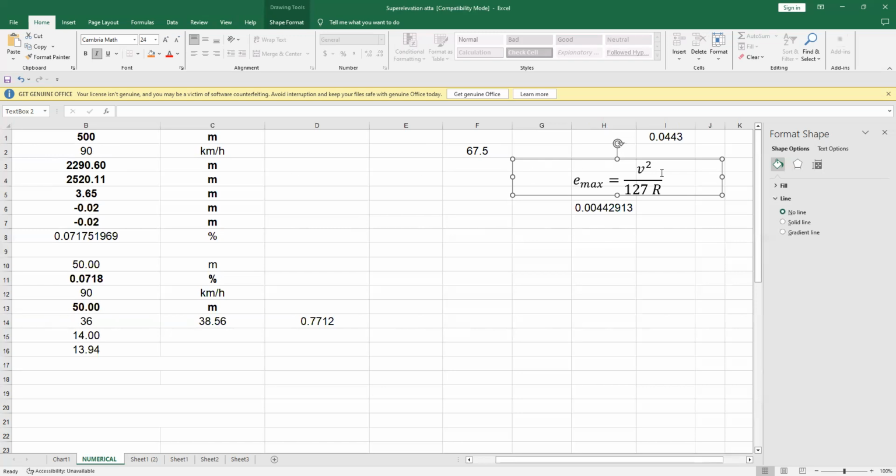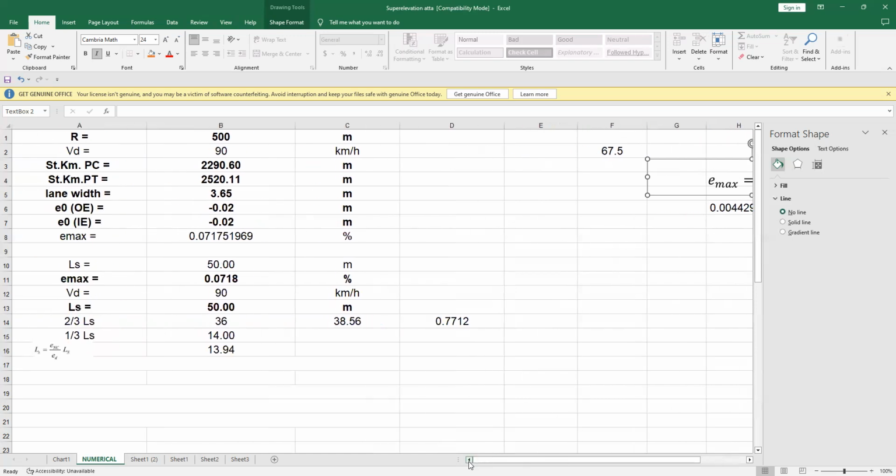So our E maximum is not calculated from 90 kilometers per hour, but from 75% of it, that is 67.5 kilometers per hour. So that's how you get the value.